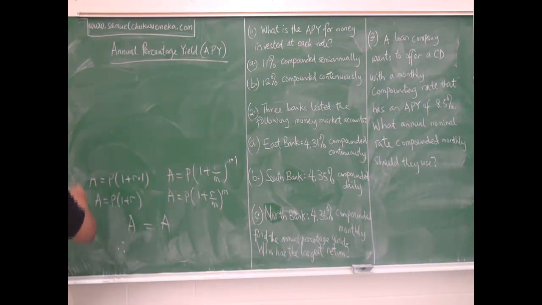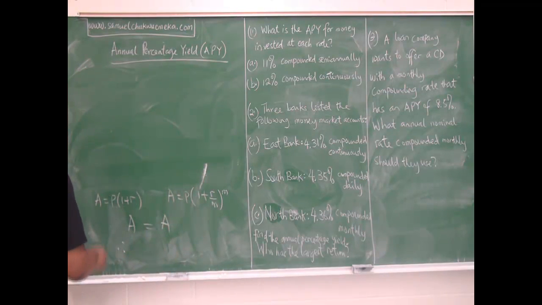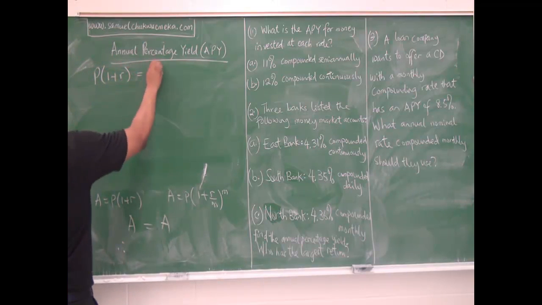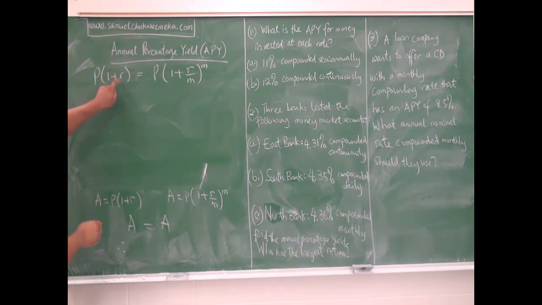Okay, so we now see that P(1 + R) will give us P(1 + R/M)^M. But this R here, the simple interest rate, is equal to APY.